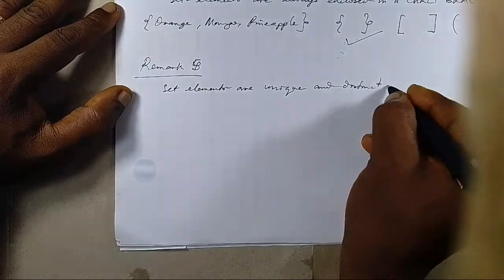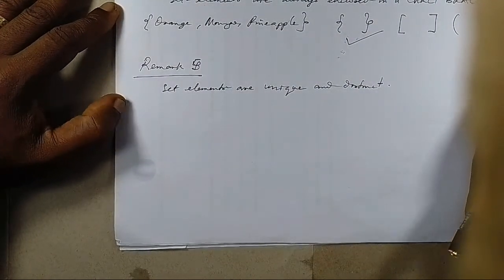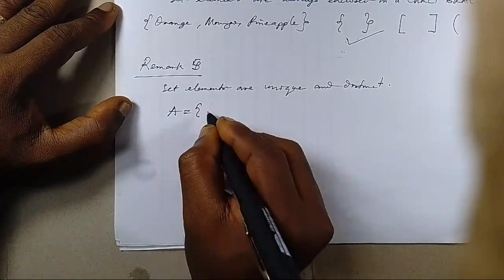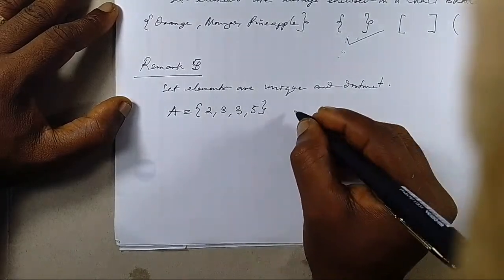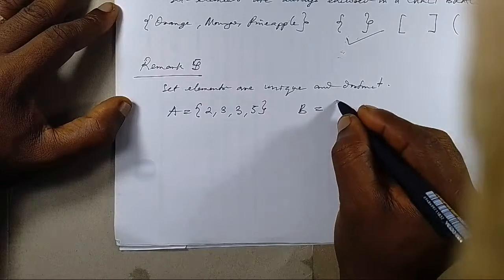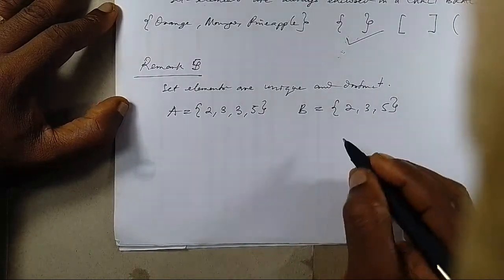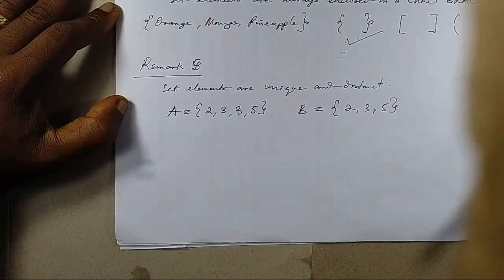I'm going to explain what that means. Set elements are unique and distinct. What that means is that if, for instance, I have a set A that contains 2, 3, 3, 5, and I have another set B that contains 2, 3, and 5, please take note, these two sets are the same.